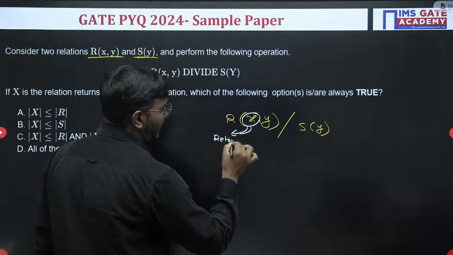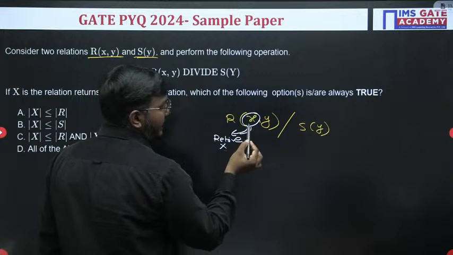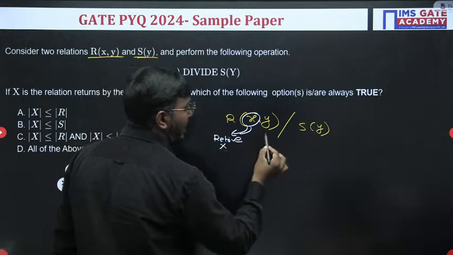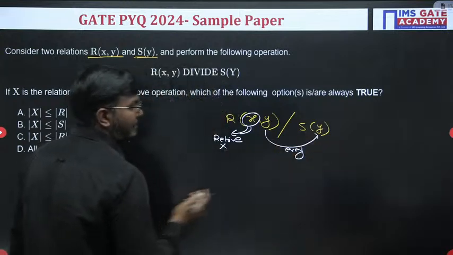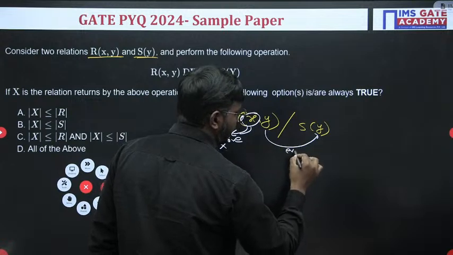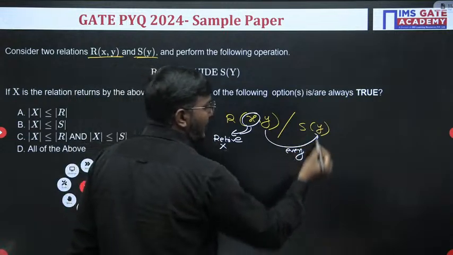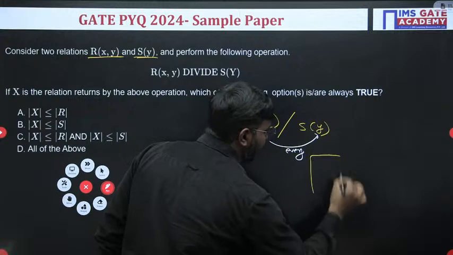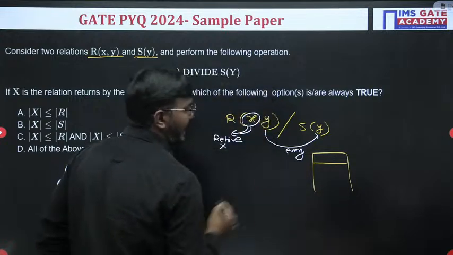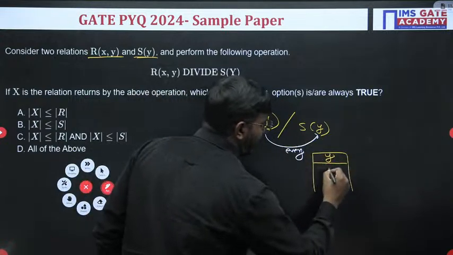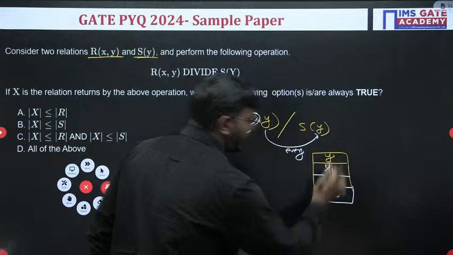It will retrieve x for which the corresponding y value matches every y value of this S. For example, let's take the y values in S. If I project the y, let's assume the y values are y1, y2, and y3. These three are the y values.